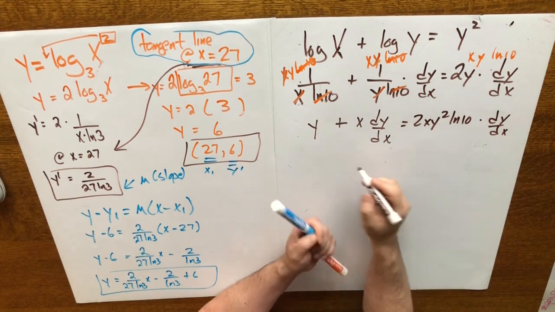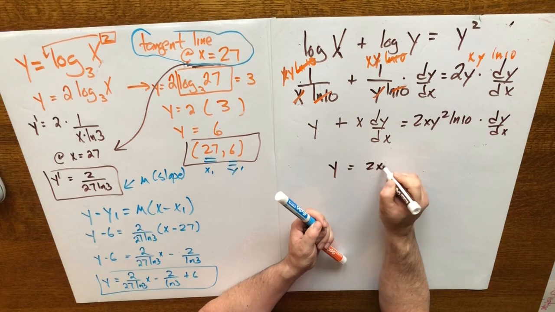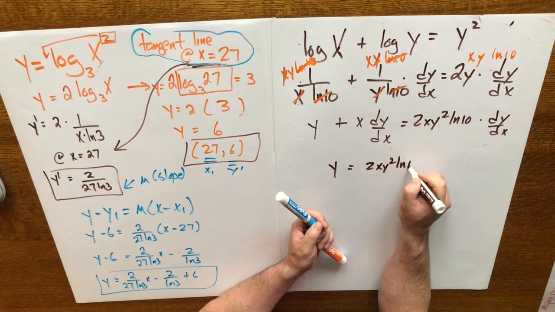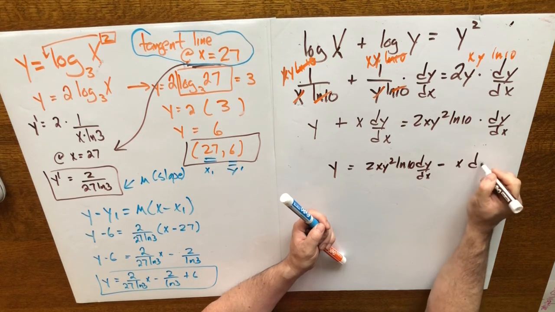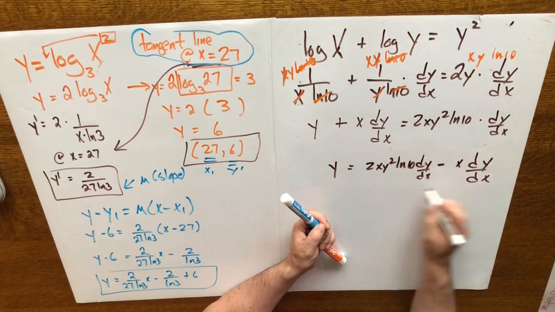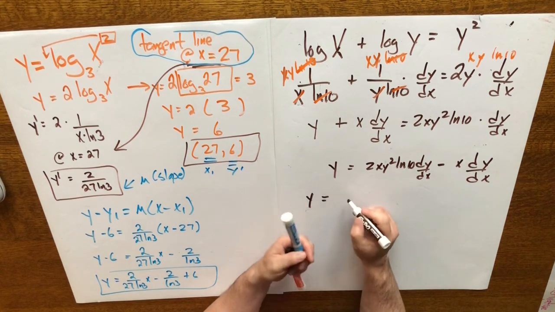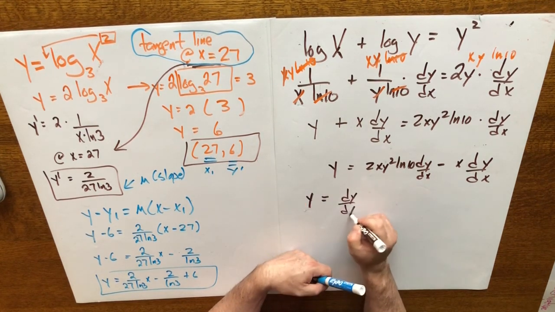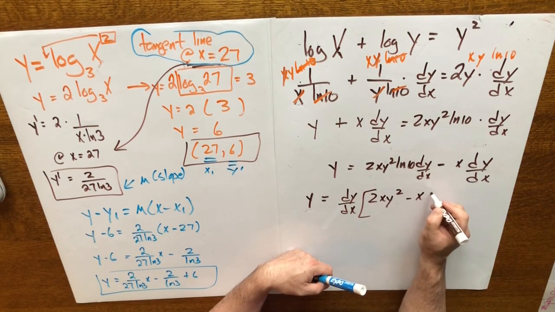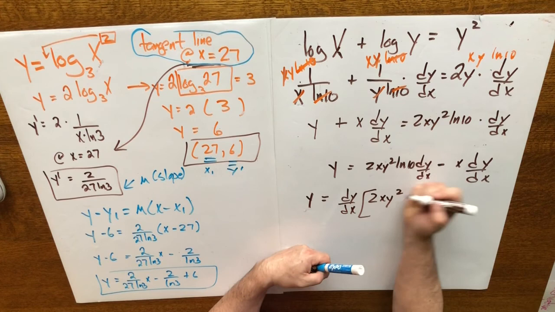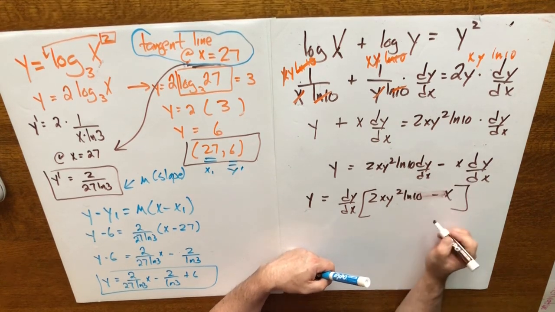So let's get those terms on the same side. 2xy squared ln 10 dy over dx minus x dy over dx. And now we can common factor dy over dx to get y equals dy over dx times (2xy squared ln 10 minus x).